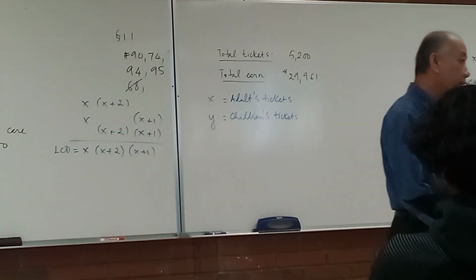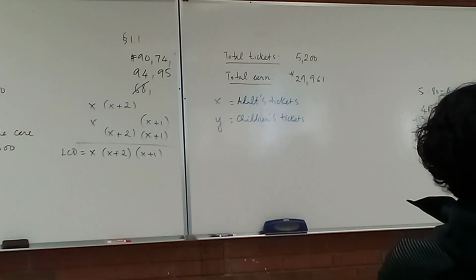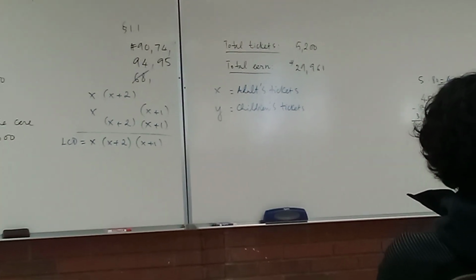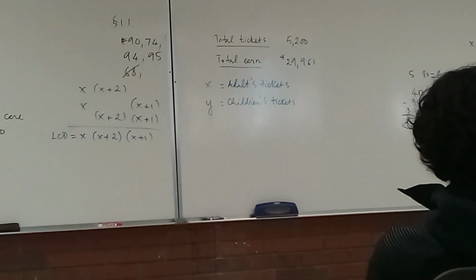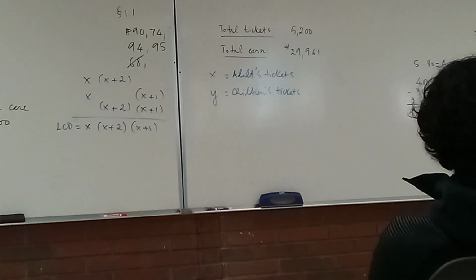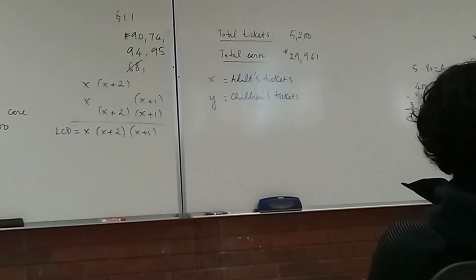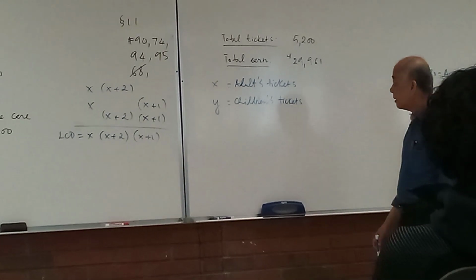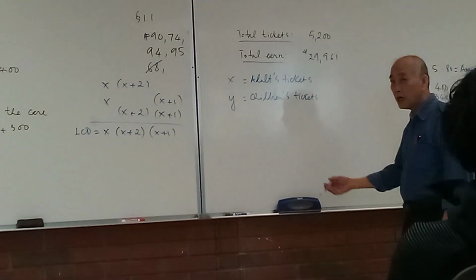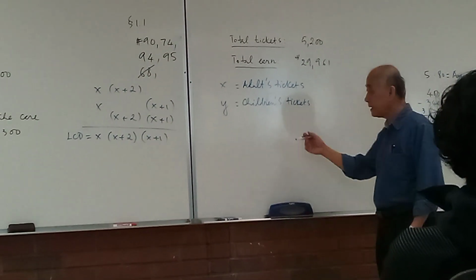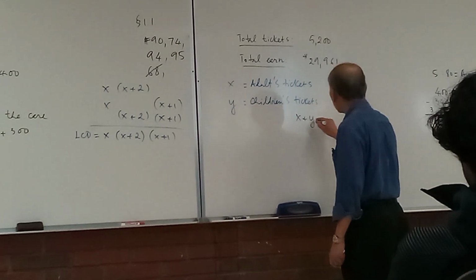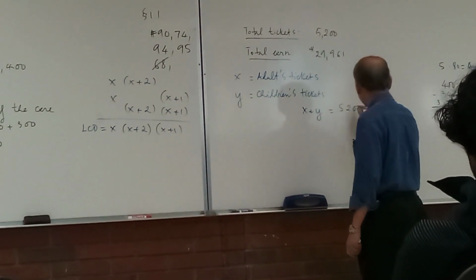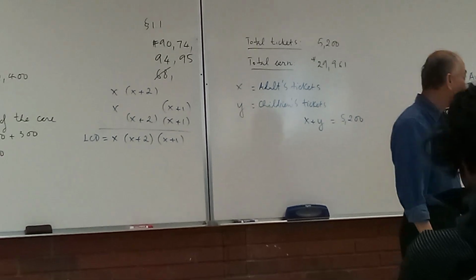So that will be the first key step. Then what's the next step? Give me the first equation. X plus Y equals 5,200. Okay, that's the first equation.